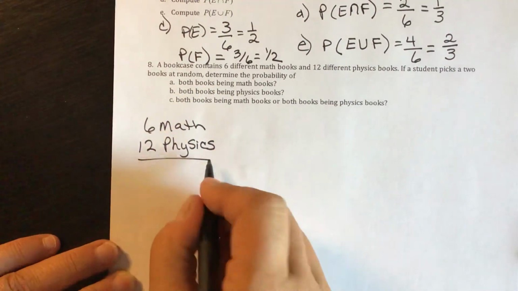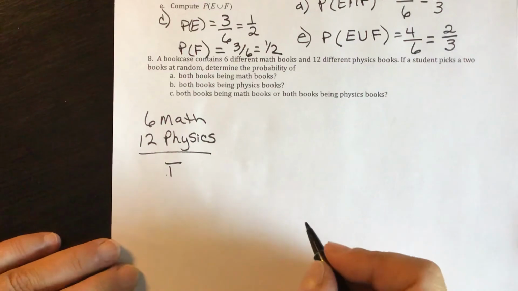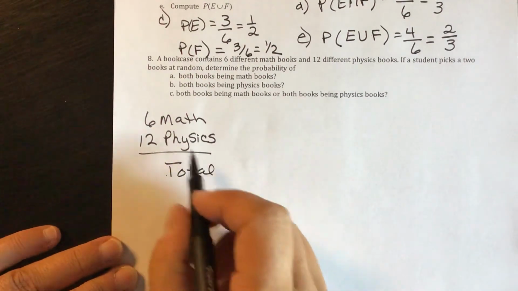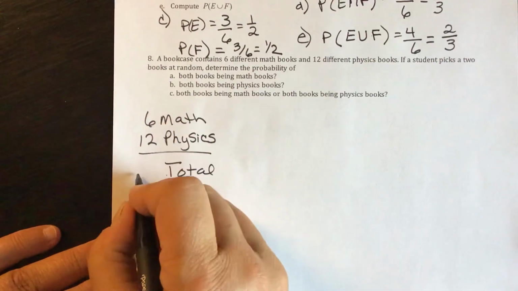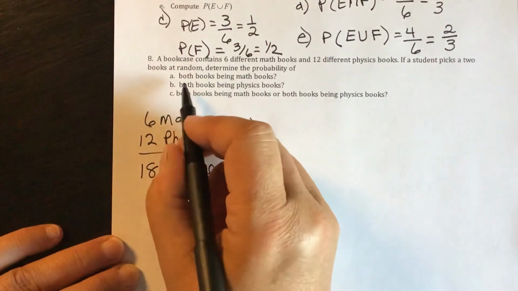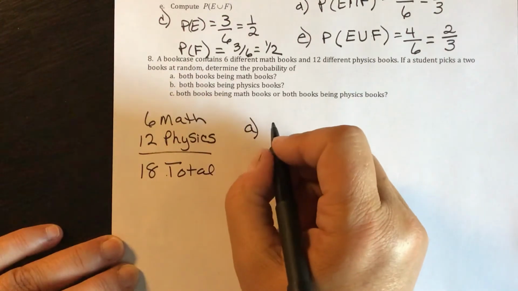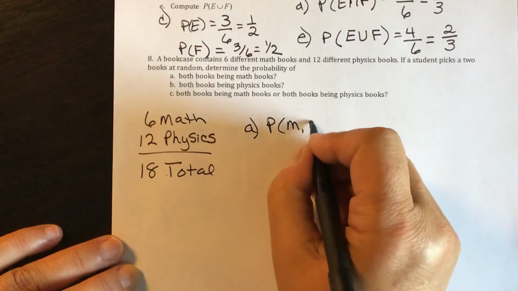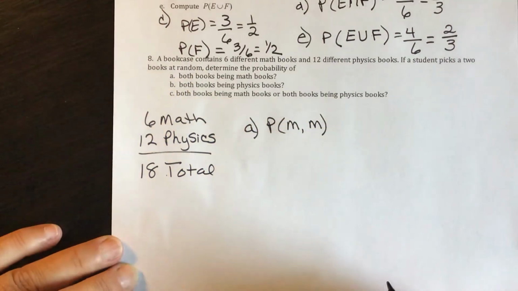So what I need to know first is the total. Because I'm working with probability, I need to know how many are there total. There's 18. So in part A, we want to know what's the probability that both books are math books.